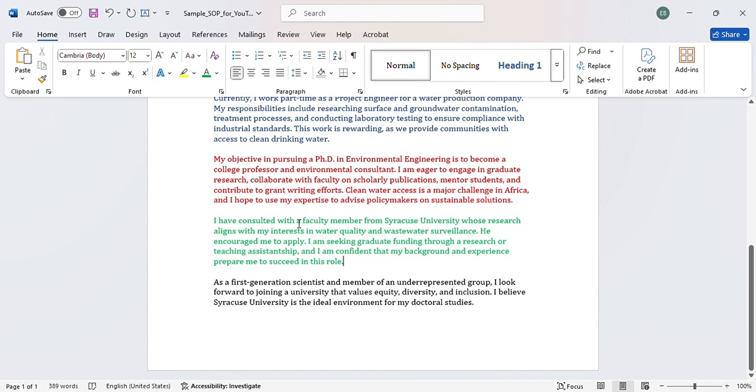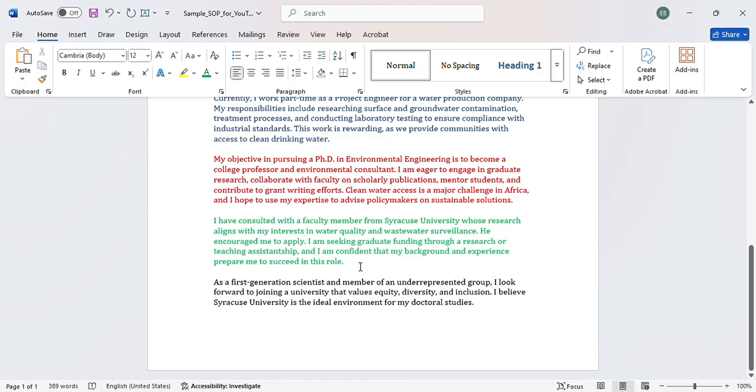So for master's and PhD applicants, especially if you are applying to research-based or research-focused programs, it is prudent, it is important, to highlight some faculty members that you like to work with on a specific research, and state why you like to work with the professor or the professors that you mention in your statement of purpose.